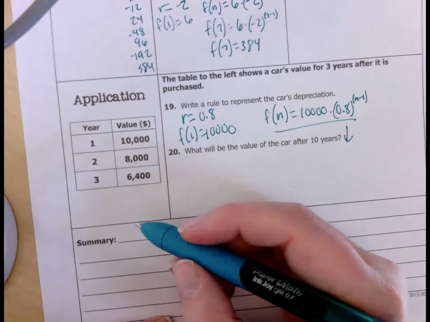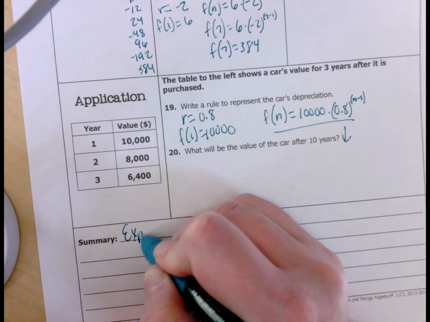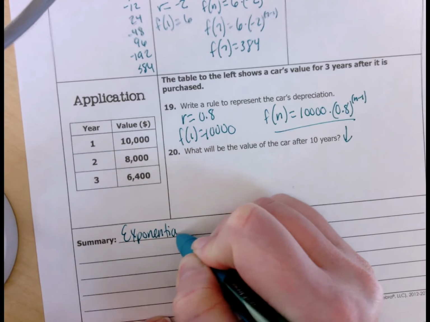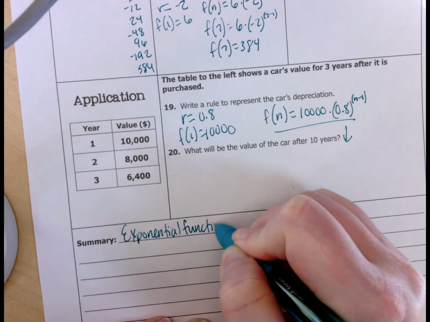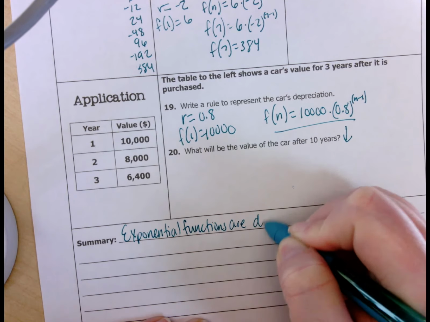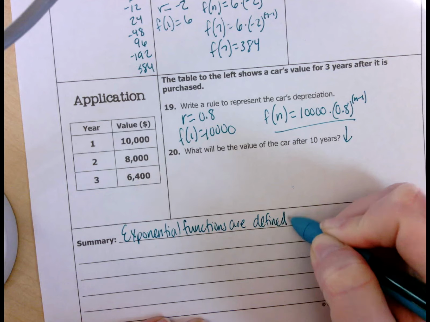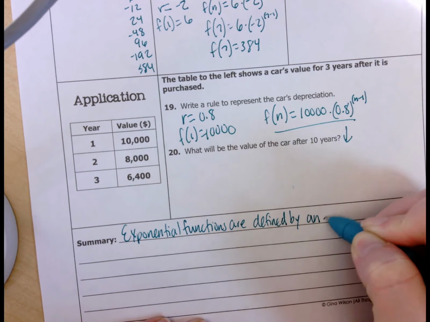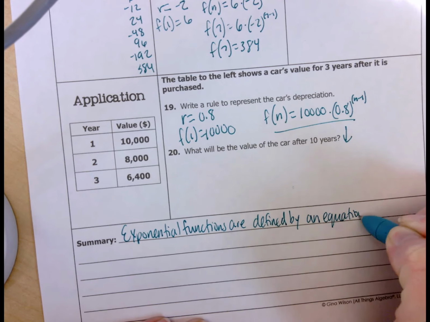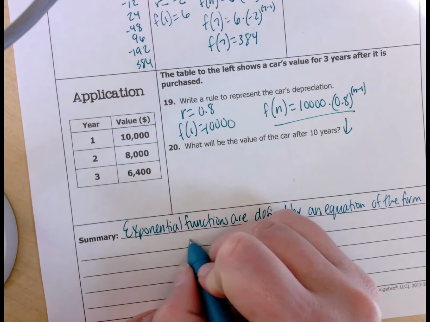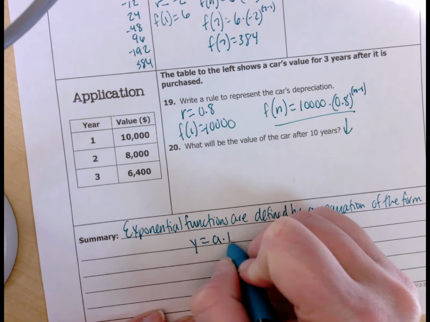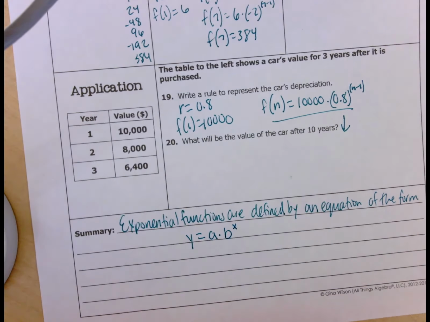So exponential functions, and we're just going to write a few notes here at the bottom in your summary section, are defined by an equation of the form y equals a times b raised to the x power.